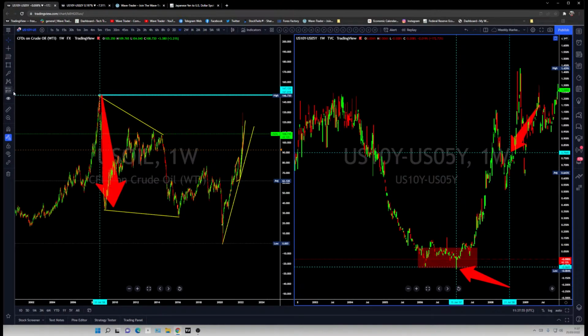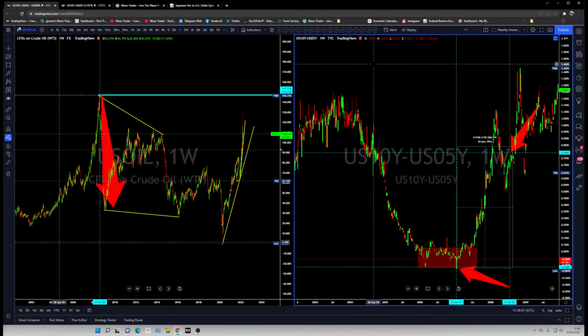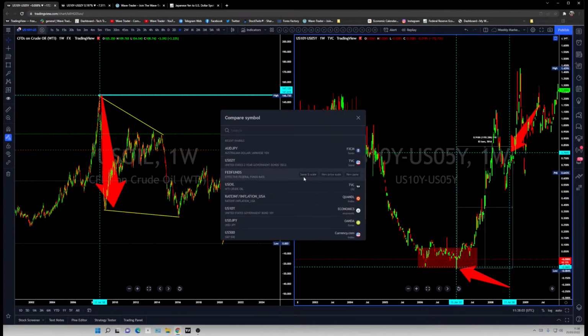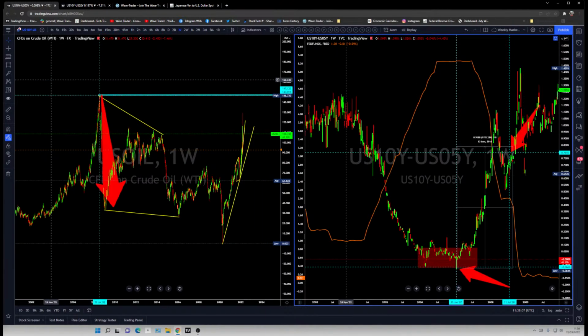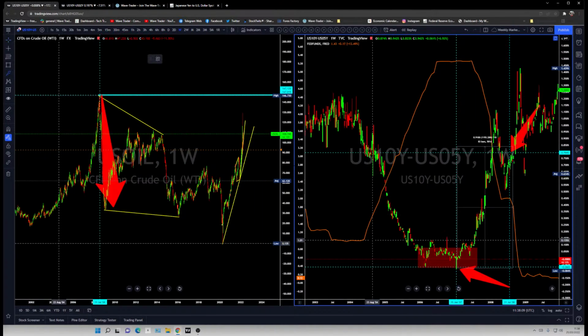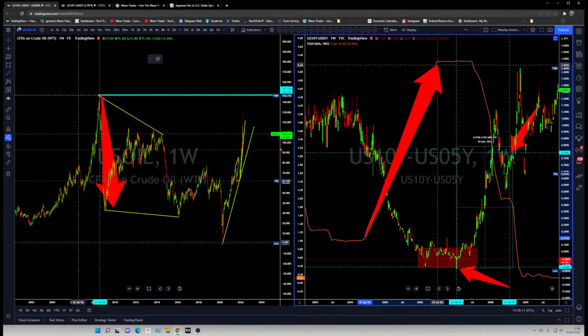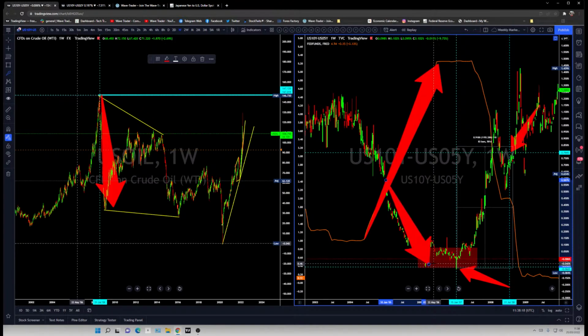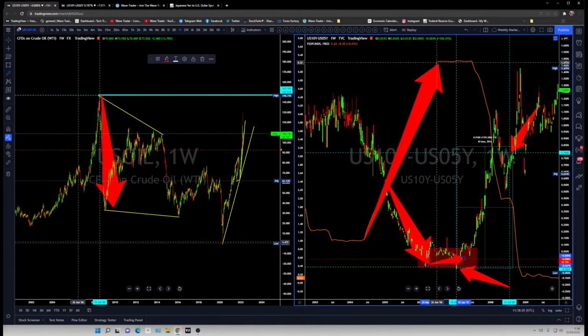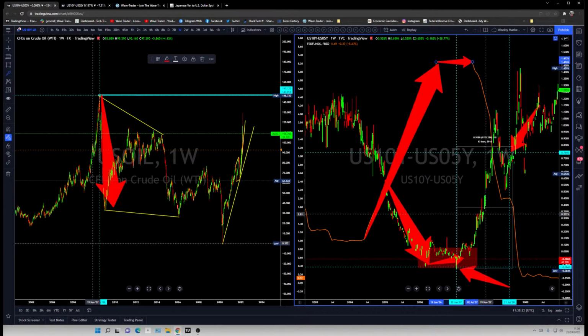This is the time period, and if I pull out the Fed funds rate on it, this is where the Fed started to raise the interest rate. When they were raising the interest rate, the yield curves were going down and getting inverted. The Fed was ahead of the curve.